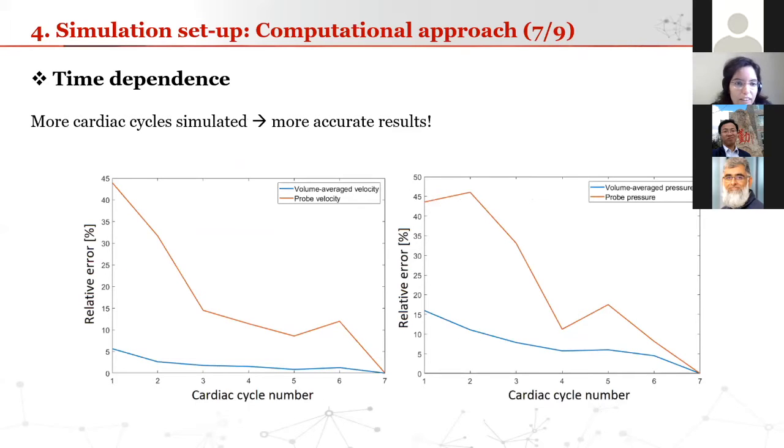And in the same idea, we had to run several heartbeats, or in this case, several cardiac cycles. The more cardiac cycles you simulate, the more accurate your results will be, so the relative error between the latest cycle and the other ones will decrease. So we also had to run several cycles per model to have more accurate results.